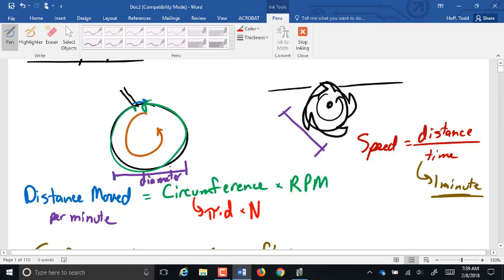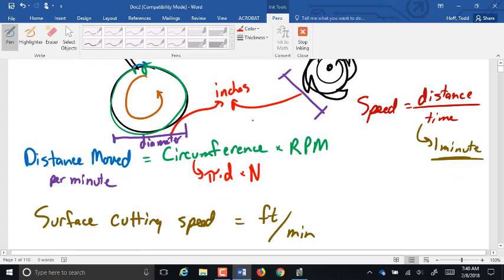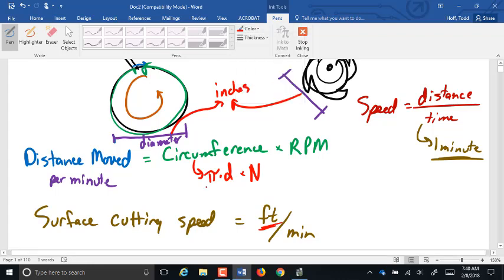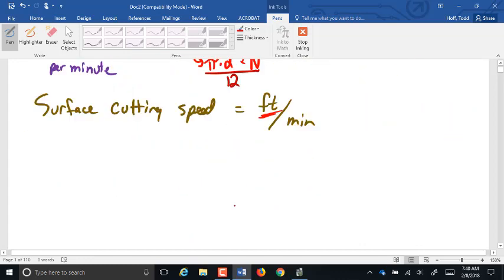What unit, however, is your diameter usually given in? Inches. Surface cutting speed is in feet. Divided by 12. And that is the formula right there: cutting speed, C, in feet per minute, is equal to pi times the diameter of the material times your RPMs, divided by 12 to turn it into feet.